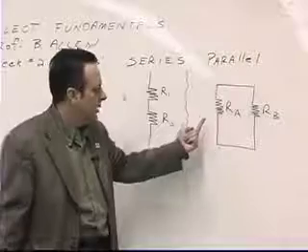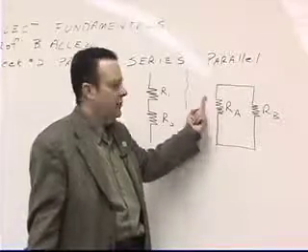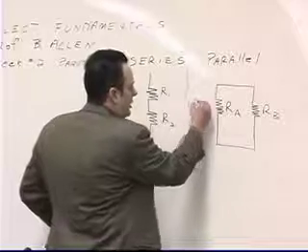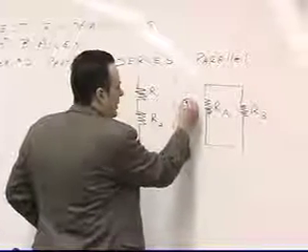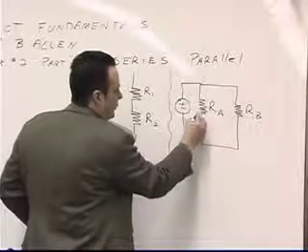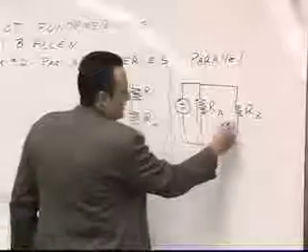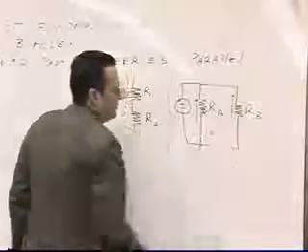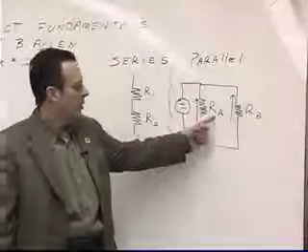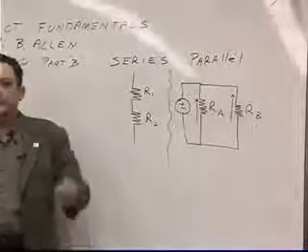But in this case right here, the current that flows through resistor A, assuming that this is hooked up to some kind of a battery or some kind of an energy source, doesn't necessarily have to be the same as the current that flows through this resistor. It depends on what the values of the resistors are. And what is resistance?